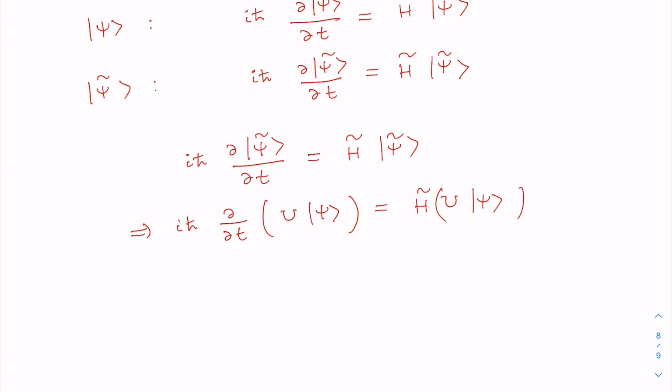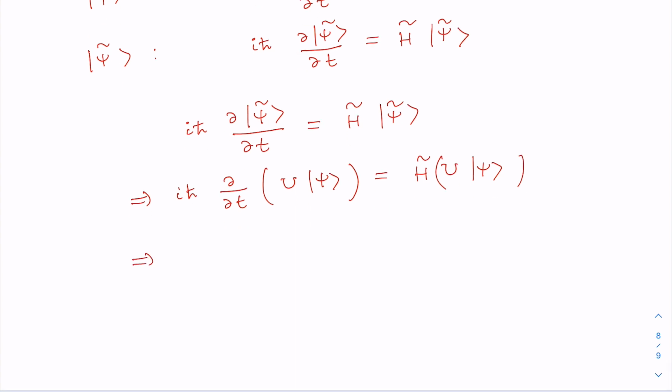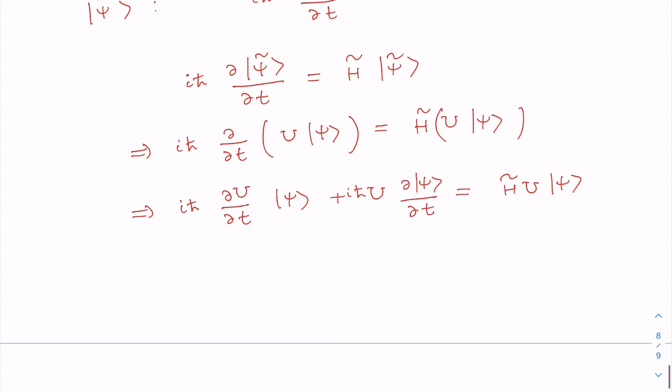If I open up the left hand side of the equation, I have i h cross del U del t psi plus U i h cross del psi del t is equal to H tilde U psi.